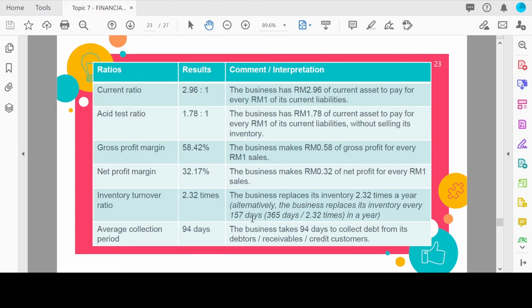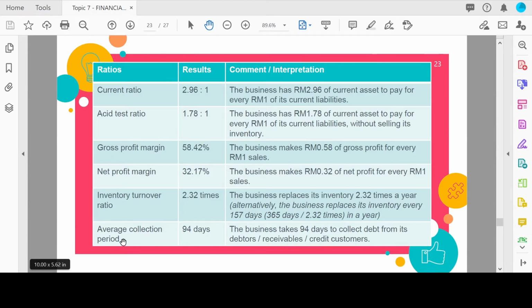How to calculate this? 365 days divided by 2.32 times in a year. To replace the inventory only 2 times a year indicates that you have slow moving stock or you did not make sales fast enough. So maybe they need to improve this area.